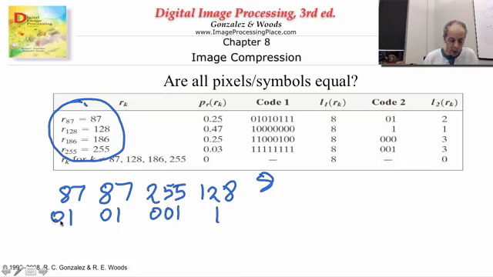So it took me 2, 4, 7, 8 bits instead of 32 to represent the same string of gray values.